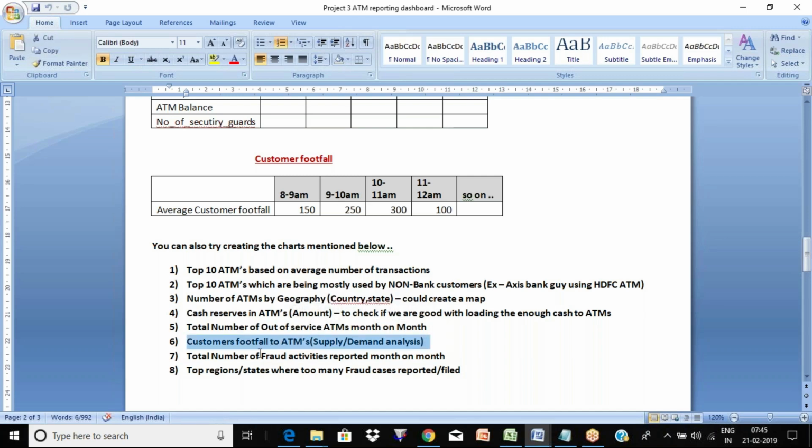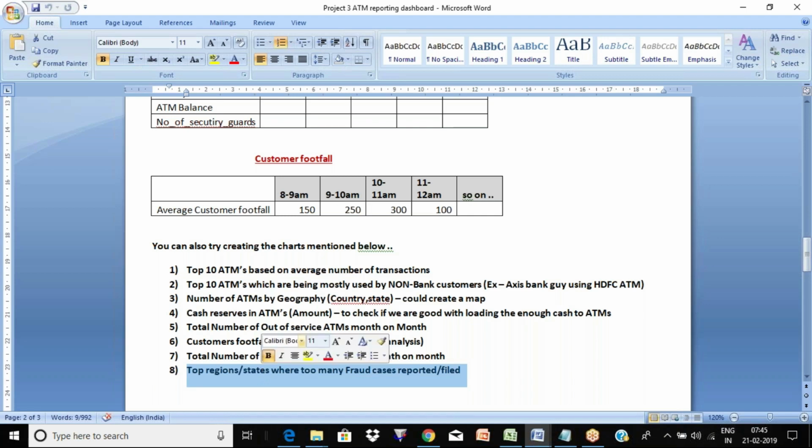They can do it, right? Total number of fraud activities reported month on month. You can also do that. Top regions, states where too many fraud cases are reported. That could also be one of the charts in the dashboard.